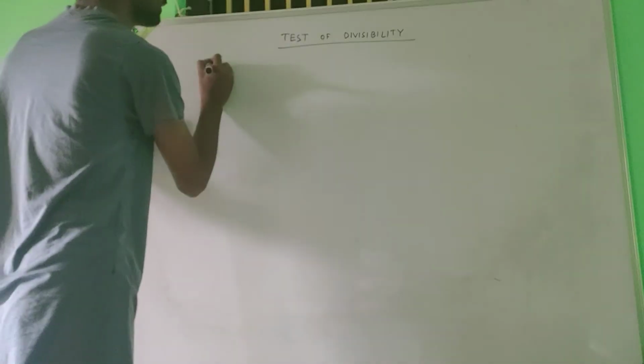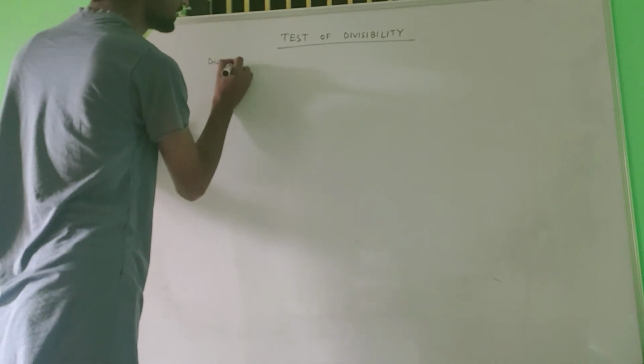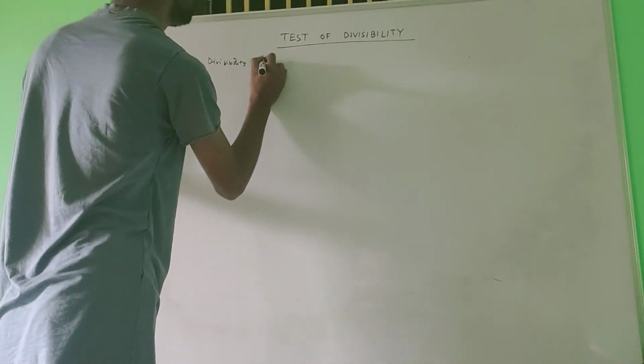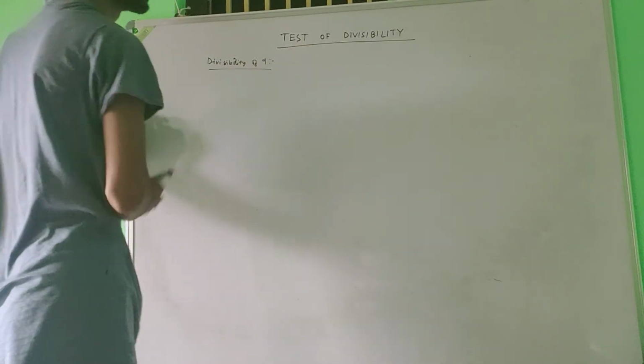Now for the number 9, divisibility of 9. 9 is the same as number 3.